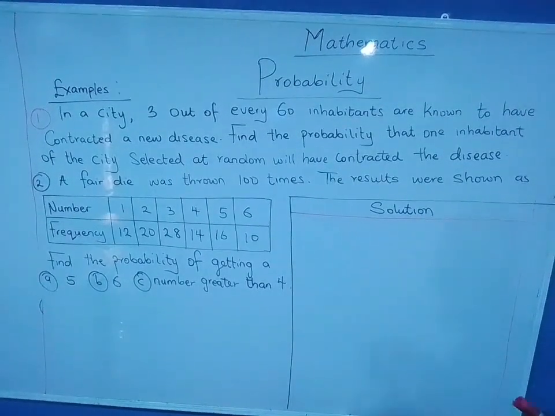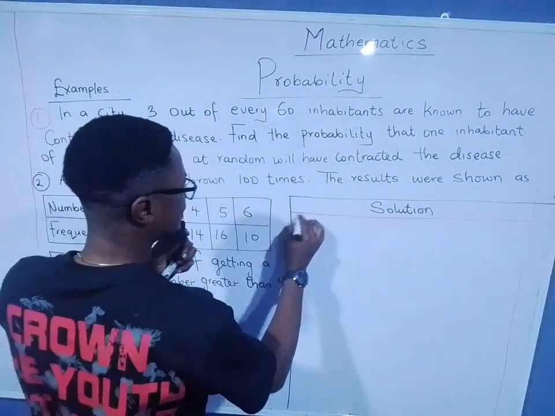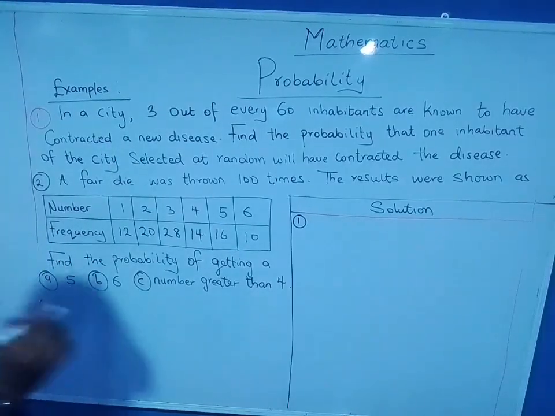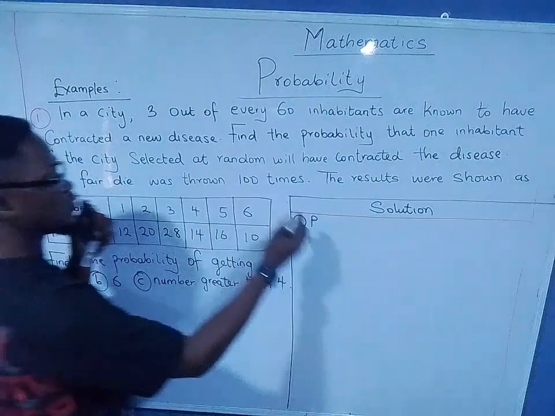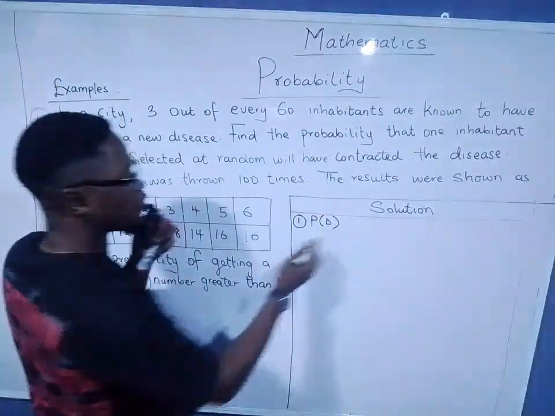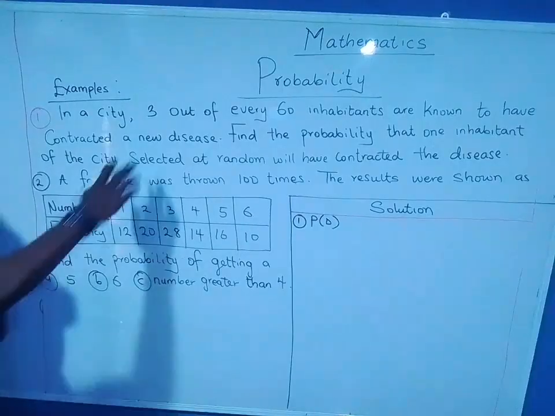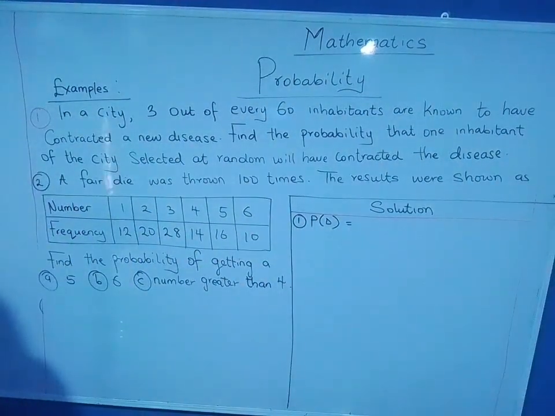Okay, so let's solve. For number 1, it's very easy. We are looking for the probability that 1 person. So let's check the probability first. The probability of getting a disease, let me call it P of D, in that city is what? What's the formula? Check your book.